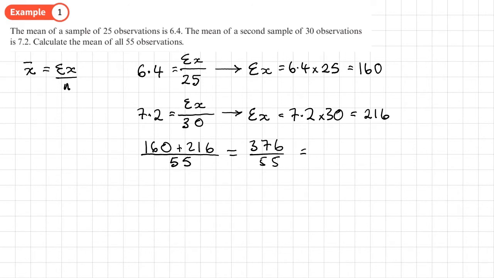So work that out, and pressing the SD button we get 6.8363. Now we will round our answers to three significant figures. That's what's expected. So 6.84, and we'll write down three significant figures.